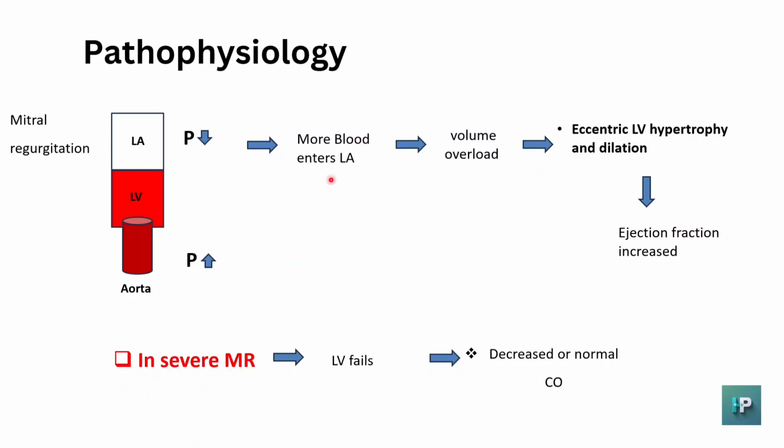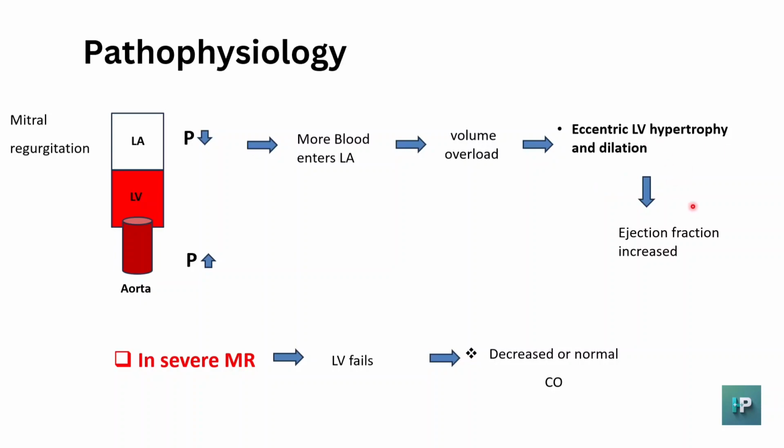So more blood enters into the left atrium than the aorta, which leads to volume overload because more blood stays in the heart, and which causes eccentric LV hypertrophy and dilation. The LV hypertrophy is because more blood has to be pushed from the heart because of volume overload, and dilation is because more blood, more dilation.